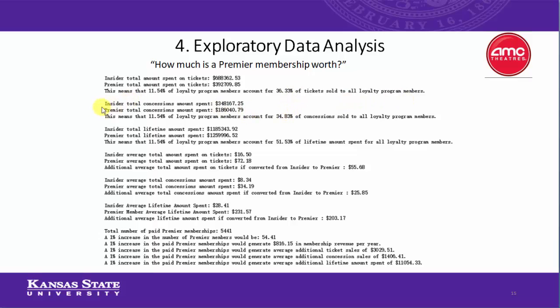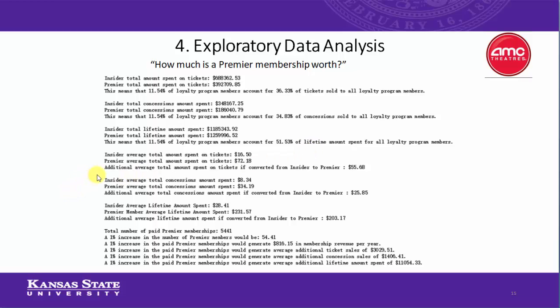And the data listed here also means 11.54% of loyalty program members account for 34.83% of concessions sold to all loyalty program members, and also 11.54% of loyalty program members account for 51.53% of lifetime amount spent for all loyalty program members.